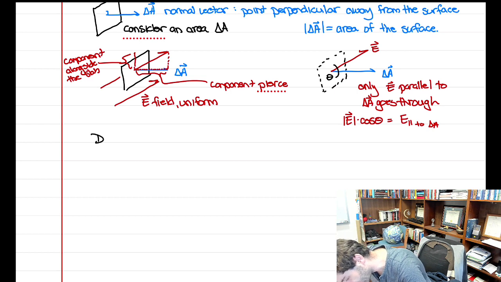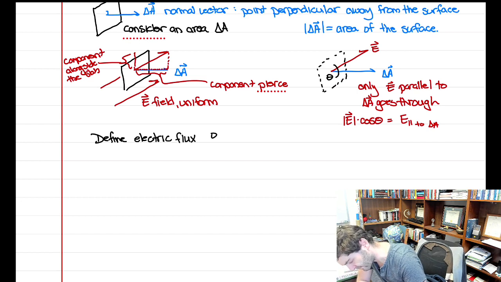So let us define electric flux. We'll use capital Greek letter phi.